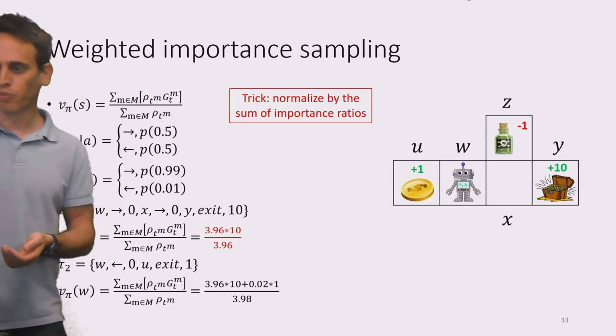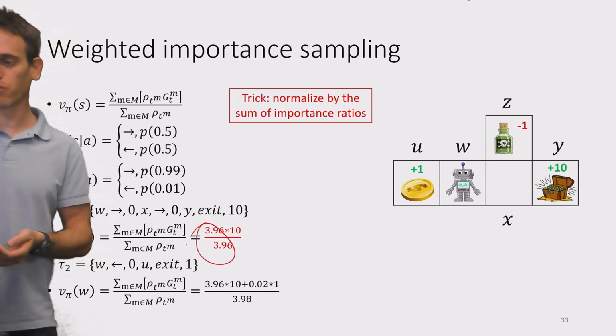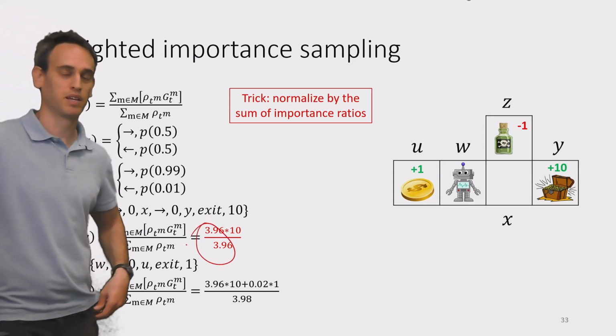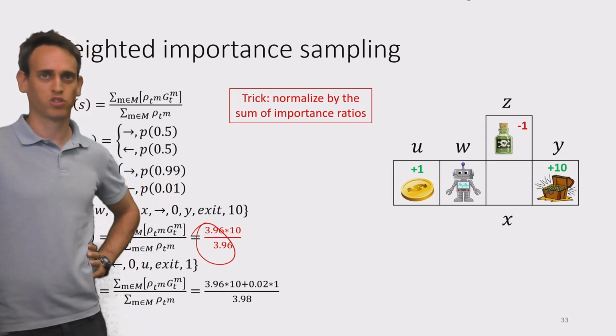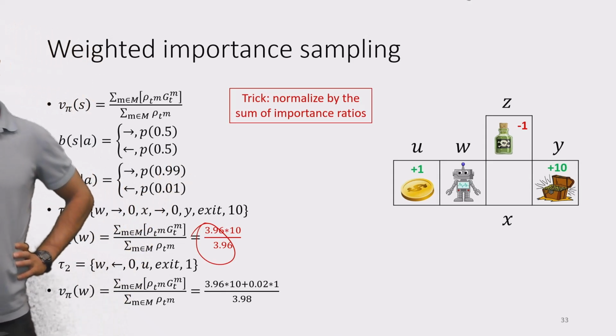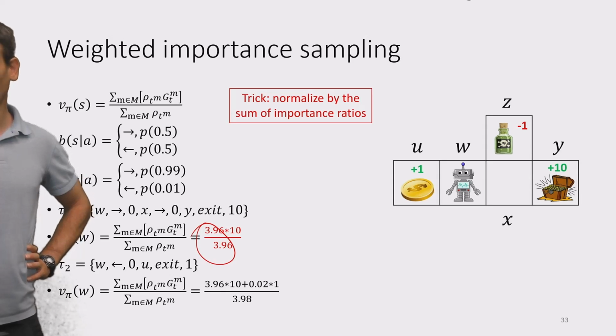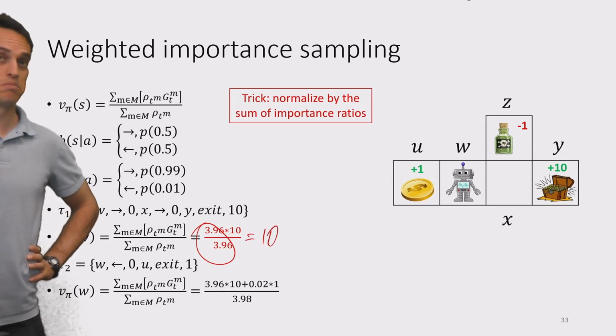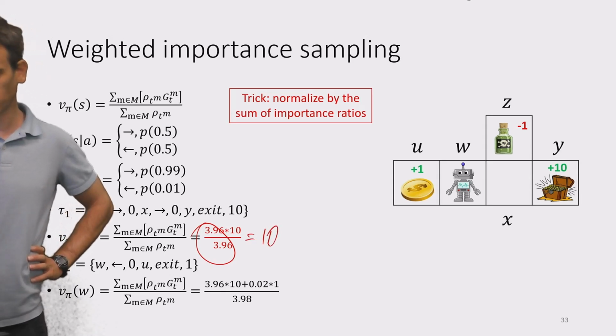So 3.96 will be divided by 3.96. That's the only importance sampling ratio we have. We only had this single trajectory. But this will result in a pretty good estimation of 10, which is actually the accurate estimation here.